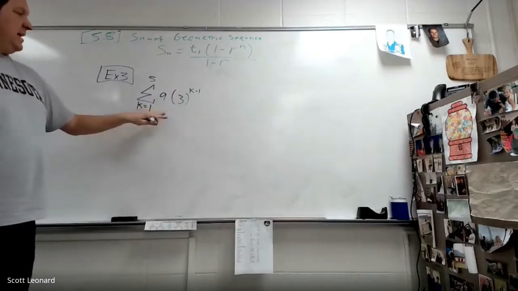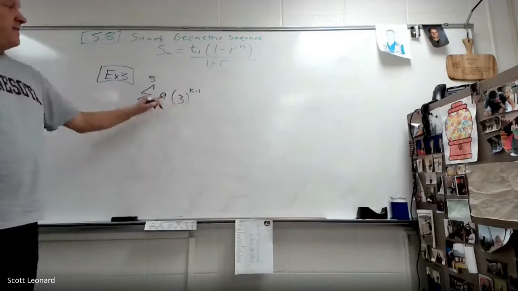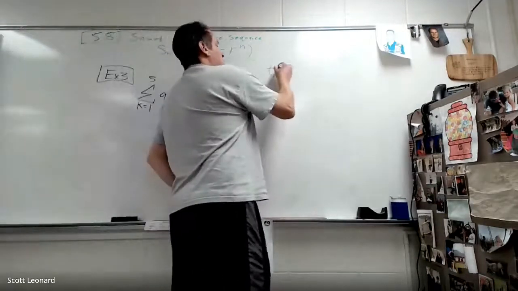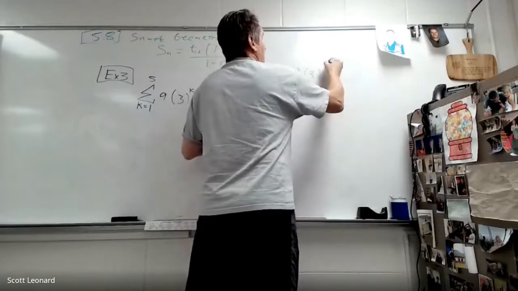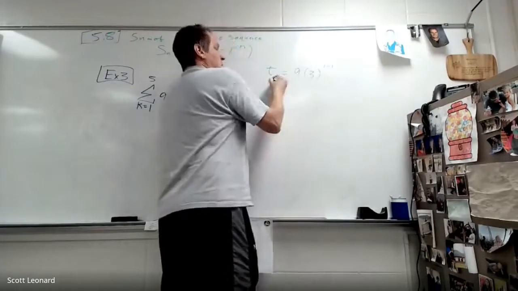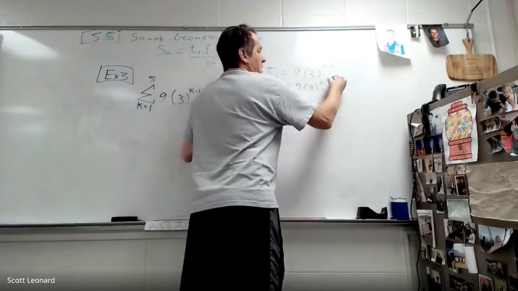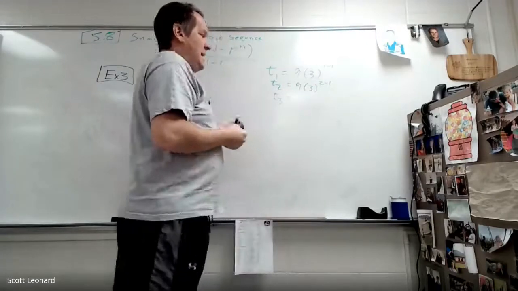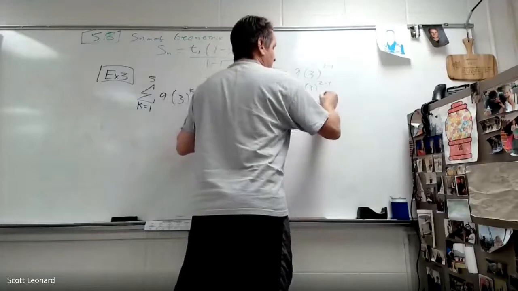What it's asking you to do is plug in 1 for k, 2 for k, 3 for k, 4 for k, and 5 for k. So term 1 would be equal to 9 times 3 to the 1 minus 1 power. Term 2 would be 9 times 3 to the 2 minus 1 power. Term 3, once again, don't write these down, you don't have to do this, 9 times 3 to the 3 minus 1 power.